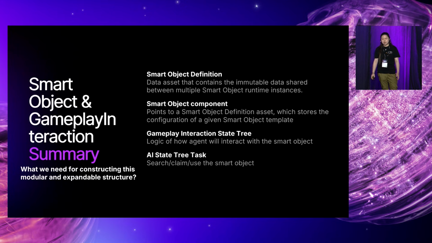Next, we have set up the gameplay interaction state tree, which contains the logic of how the actor will interact with the object from the object's view. Then we have developed the tasks for AI agents to search, claim, or use the smart object. From there, we have constructed this modular and expandable structure.